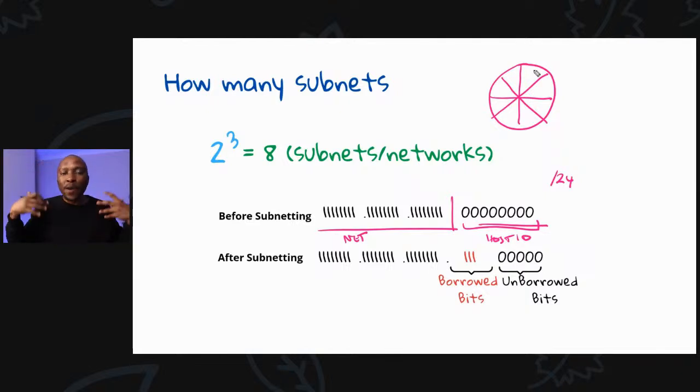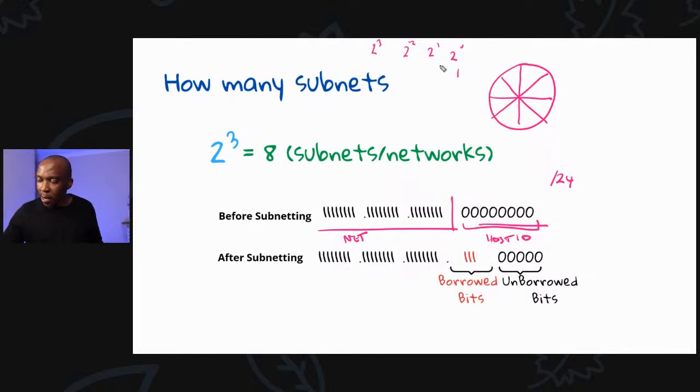So if we're looking for 8 networks, the next question is, what power of 2 do we need to get the networks that we require? We say 2 to the power 0 is 1, 2 to the power 1 is 2, 2 to the power 2 is 4, and 2 to the power 3 is 8.